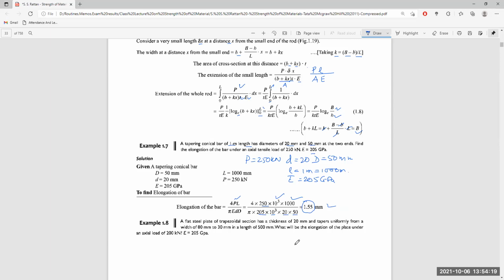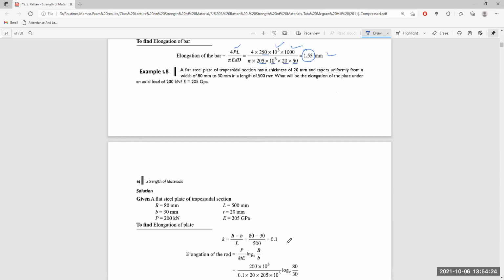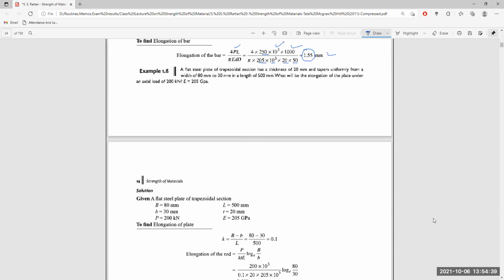Now we are saying a flat steel bar has a thickness t equal to 20 millimeter, and it tapers uniformly.